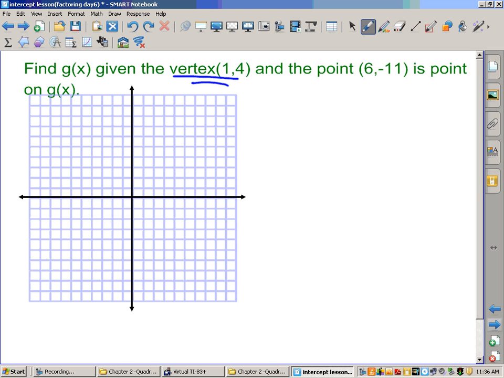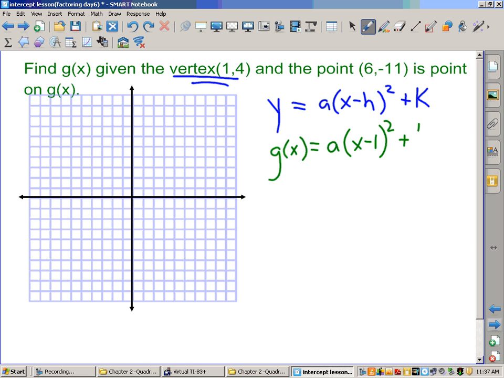No. So I gave you that vertex, and with that vertex, we at least know the h and the k. I wanted to call this g of x, so g of x equals a times x minus 1 plus.